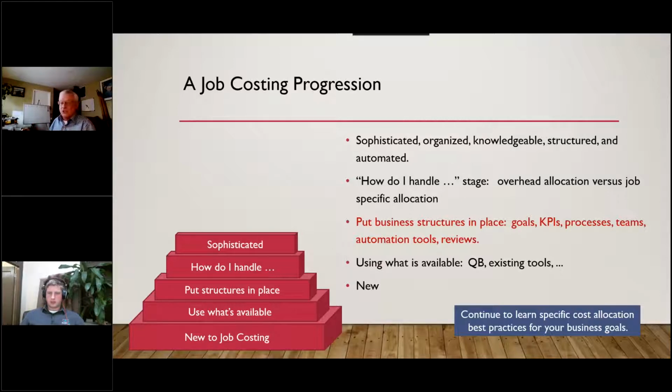The top level is your sophisticated, organized, knowledgeable, structured, and automated. Through all this, continue to learn the specific cost allocation best practices for your business and your business goals. It's a continual process, and the accountants that dive into this are continually working through this because it can be involved.